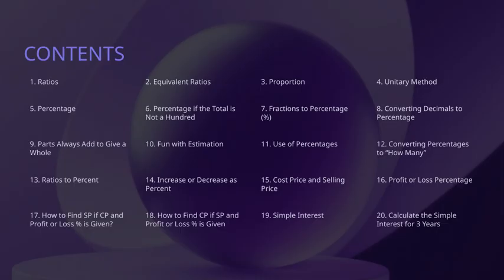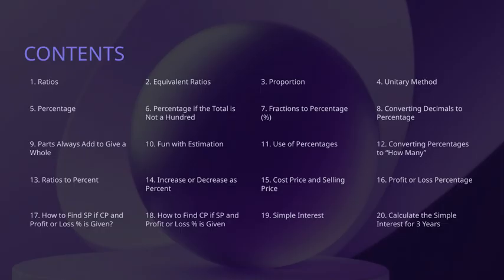Another important area is the use of percentages in various contexts, such as calculating profit or loss, and understanding increases or decreases as percentages, which is essential in business and finance. We'll then look into specific calculations like finding selling price when cost price and profit or loss percentage are given, and vice versa.